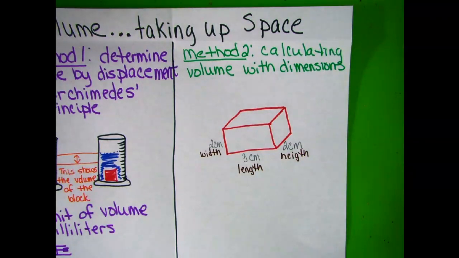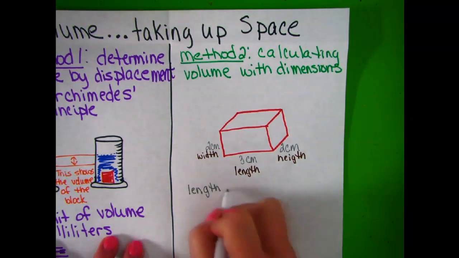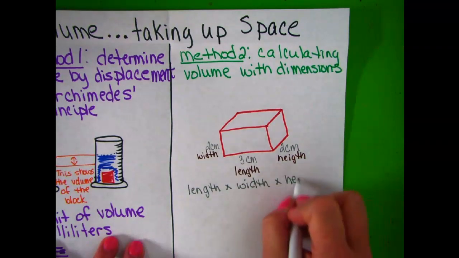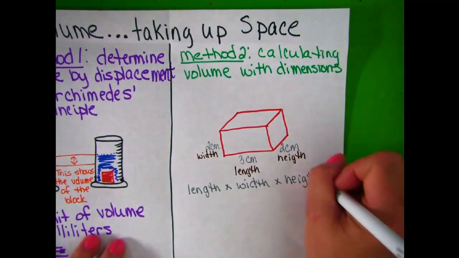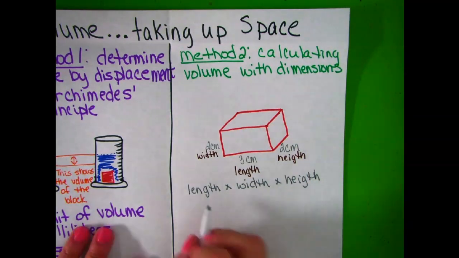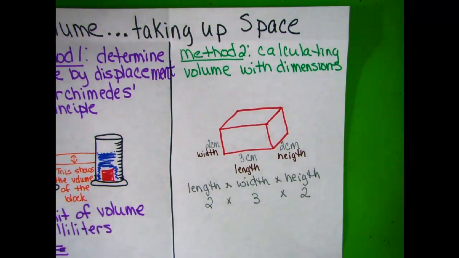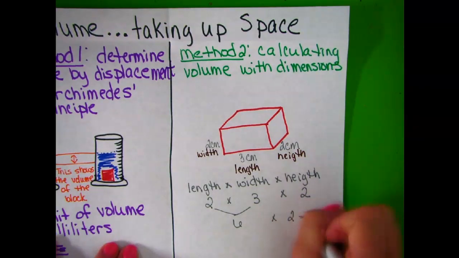So to calculate length, width, and height, remember yesterday it was length times width times height will give you the volume. So I can do 2 times 3 times 2. 2 times 3 is 6 times 2 is 12 centimeters cubed.